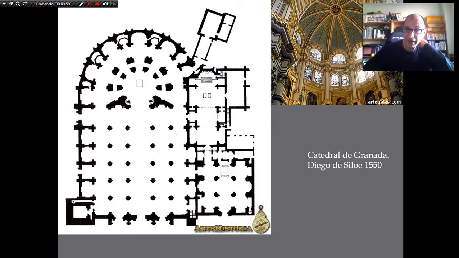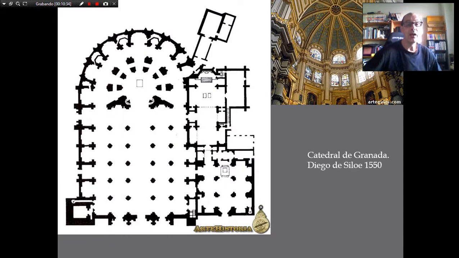Okay, the Cathedral of Granada, maybe you were in this place. Diego de Siloé is the architect, the same architect we saw in Úbeda, in the Iglesia del Salvador. The idea of this church in the beginning is that the king, Carlos I, is going to be buried here, in this part. So the structure is a circle, because remember, Diego de Siloé, who studied in Italy, followed the Roman architecture, the Renaissance architecture.